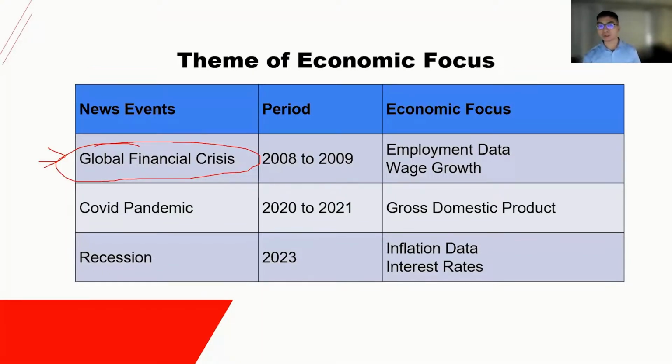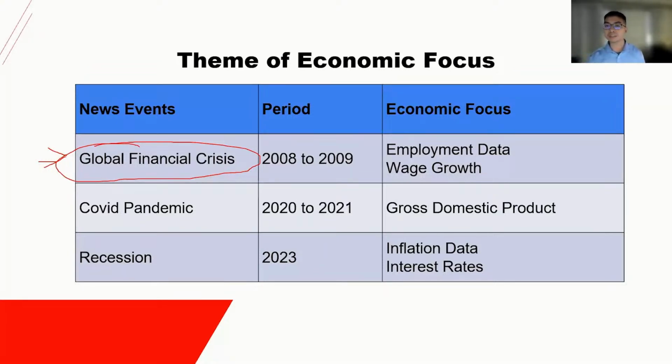It was triggered by a combination of factors, including subprime mortgage lending, a housing market bubble, and excessive risk-taking by financial institutions. The crisis resulted in widespread job losses and had a severe impact on the employment market.